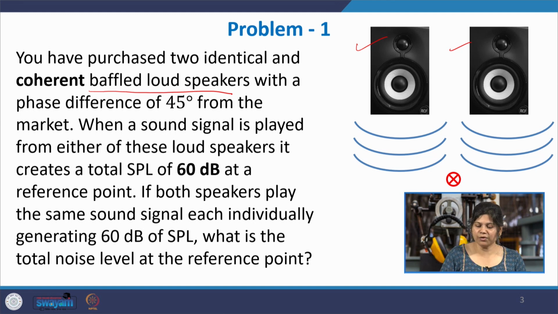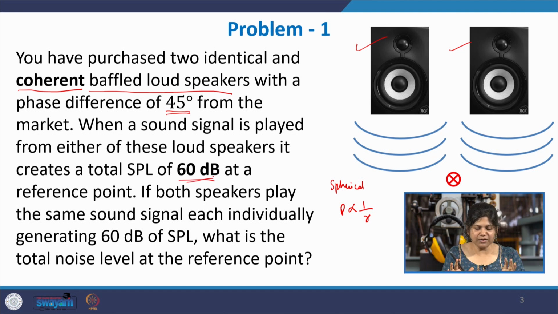So, here the wave front is spherical and P is inversely proportional to R. These two identical and coherent baffled speakers have a phase difference of 45 degrees. Each individually, when played, generates a sound signal which makes a total SPL of 60 dB at a reference point.